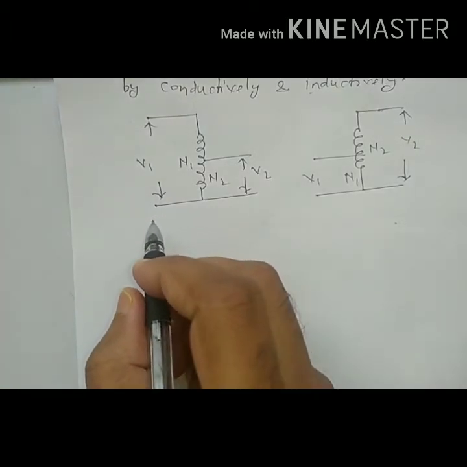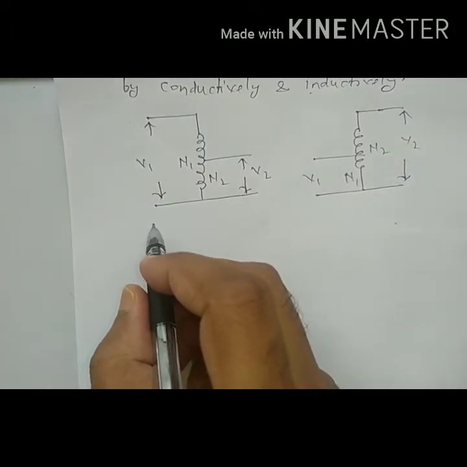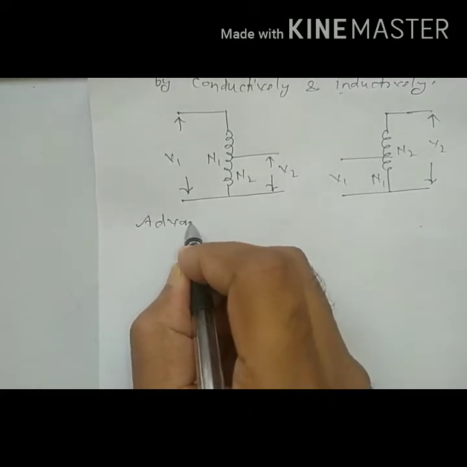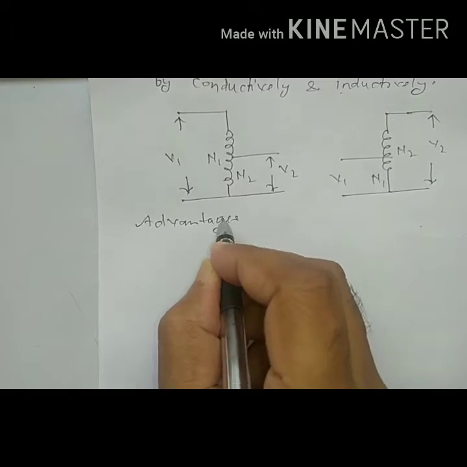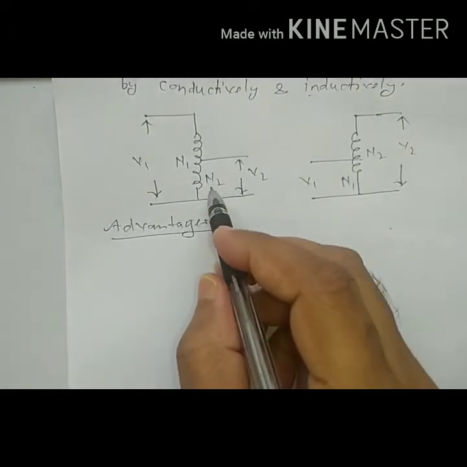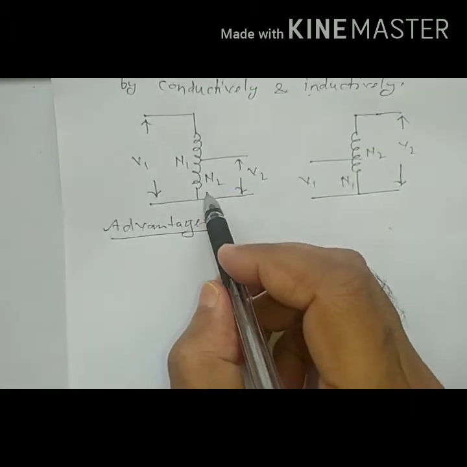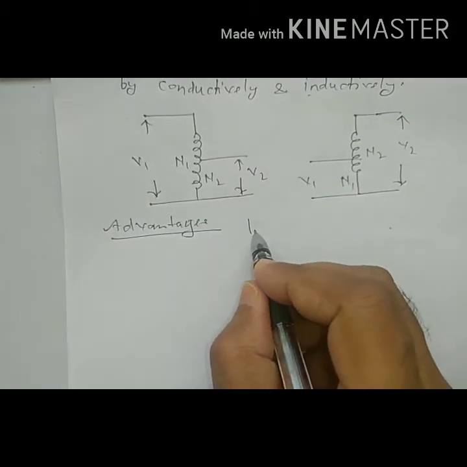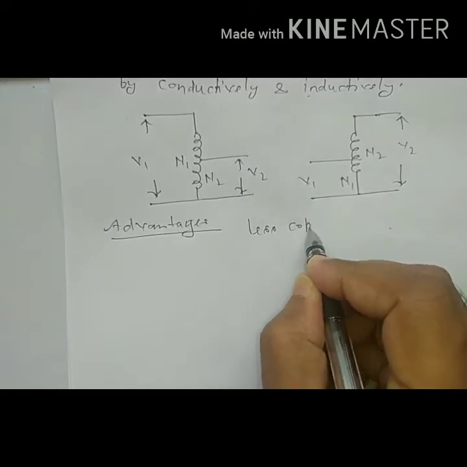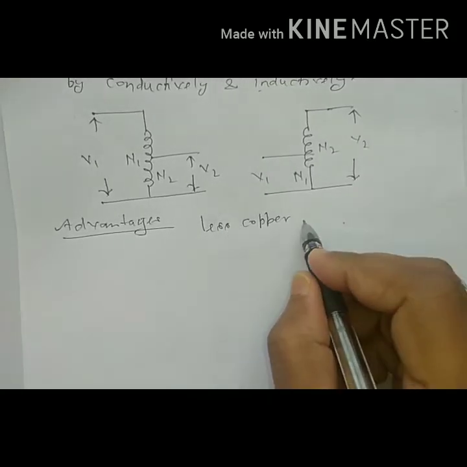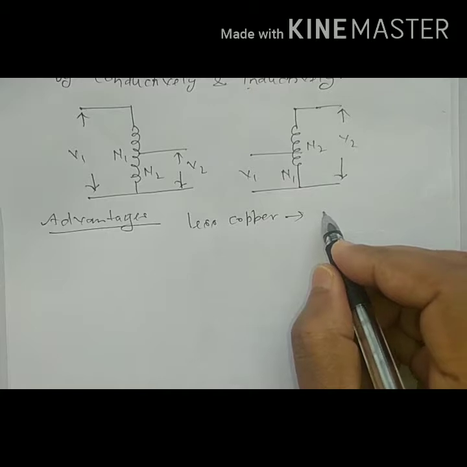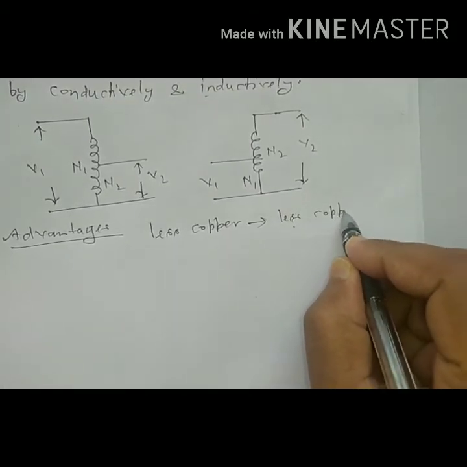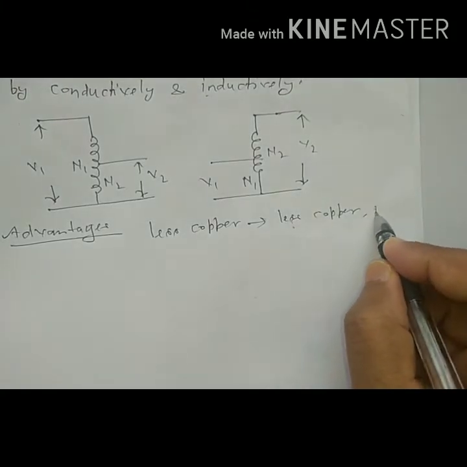So we will write some advantages, limitations and applications of this transformer. What are the advantages? Very first thing, as it is using a single winding, it uses less copper, right? Less copper means less copper loss, so better efficiency.